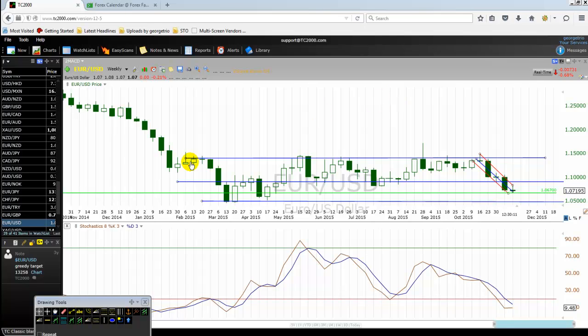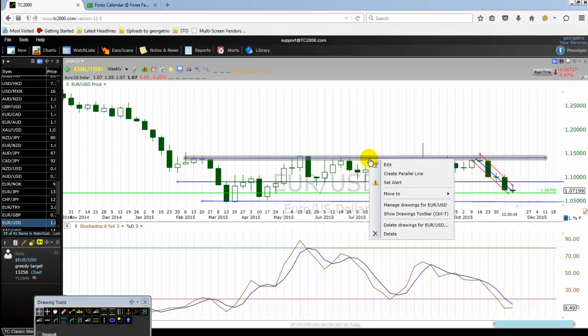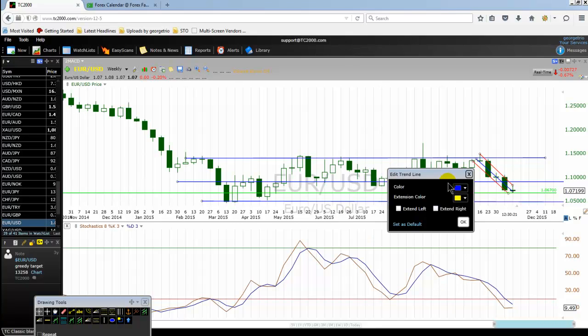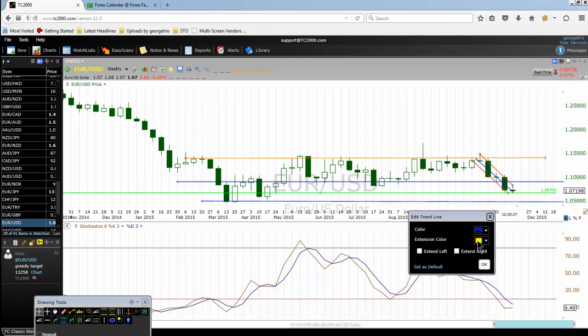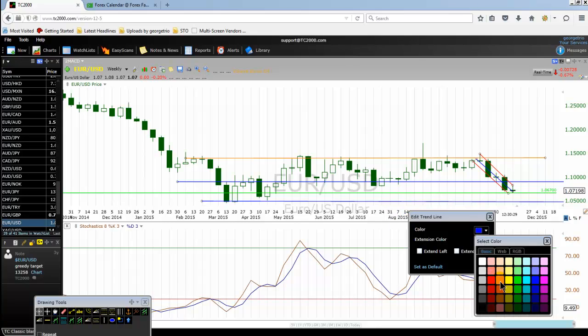So on the weekly chart here, the euro dollar, we can see that it is consolidating in this blue horizontal channel. In fact, I'll change the color of my channel into orange. On the weekly chart, the market pattern is a consolidation, or what we call a balanced market pattern.